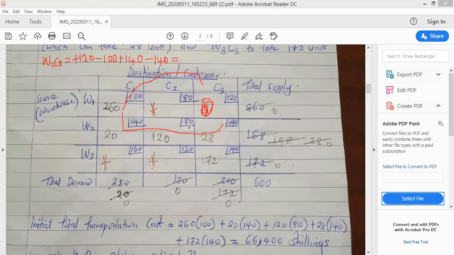You move in a rectangular manner, or in a circular manner, but you must make that complete rotation. So we have 120 minus 100 plus 140 minus 140. That will give us a positive 20.